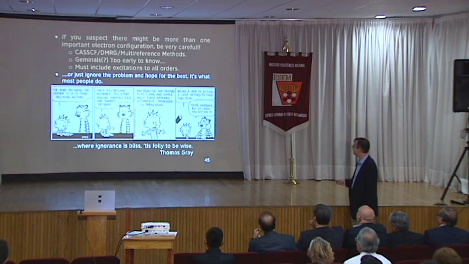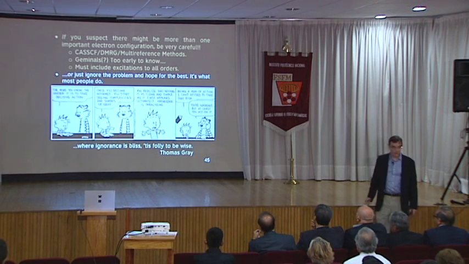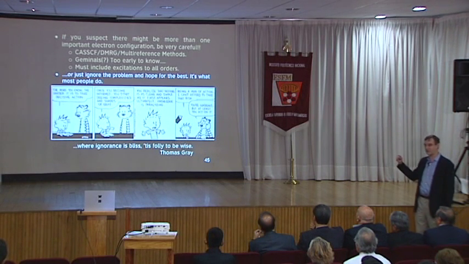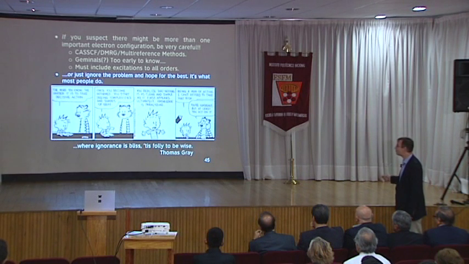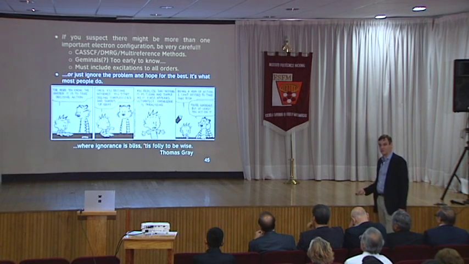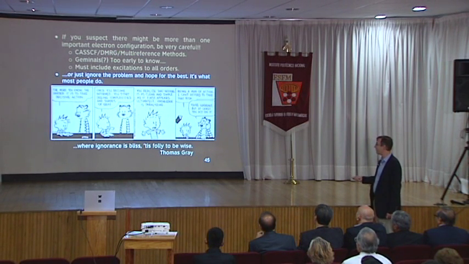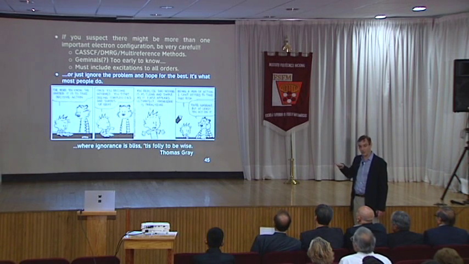My take-home message, basically, is that if you think there's going to be more than one important electron configuration, that's essentially if your HOMO-LUMO gap, your band gap, is small, then you should really think about other types of approaches, right? Whether you want to think about these multi-reference methods, matrix product states, or geminals, whatever you do, somehow you have to include all the excitations.